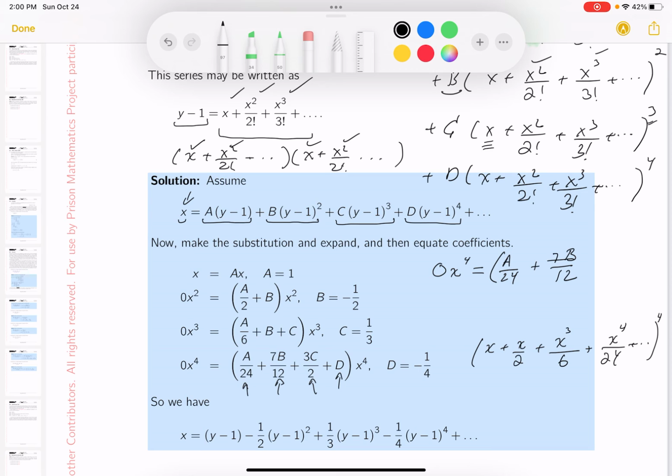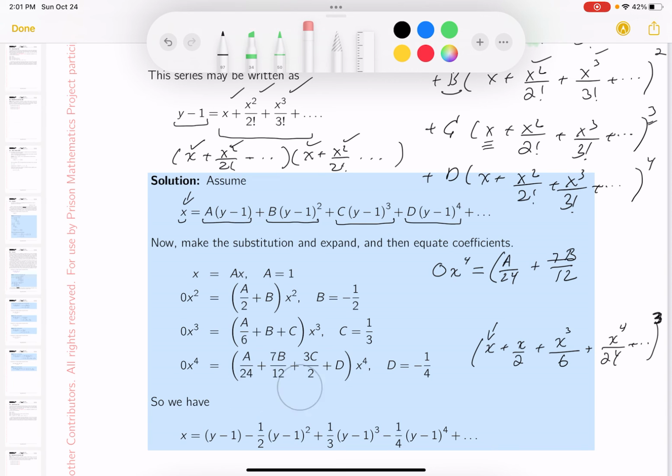And the only way I get a 4th out of that is this one right over here. Oh, you know what? I didn't do the 3c over 2 yet, did I? Oh, I see what I didn't do. That's what I forgot about.